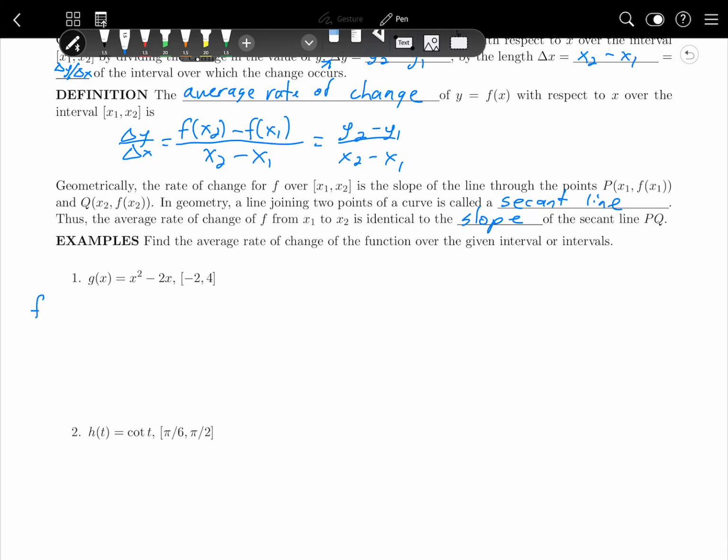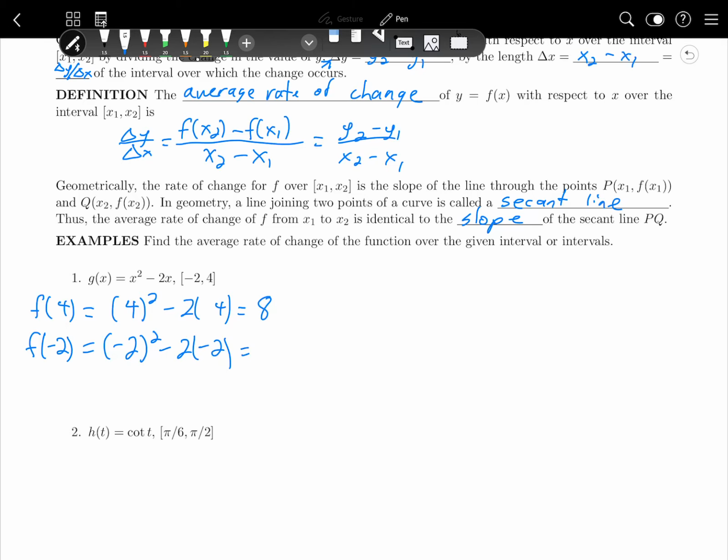So in this case, we can find f of 4 and f of negative 2. f of 4 would be 4 squared minus 2 times 4, and then f of negative 2 is negative 2 squared minus 2 times negative 2. So that's 16 minus 8, which is 8.